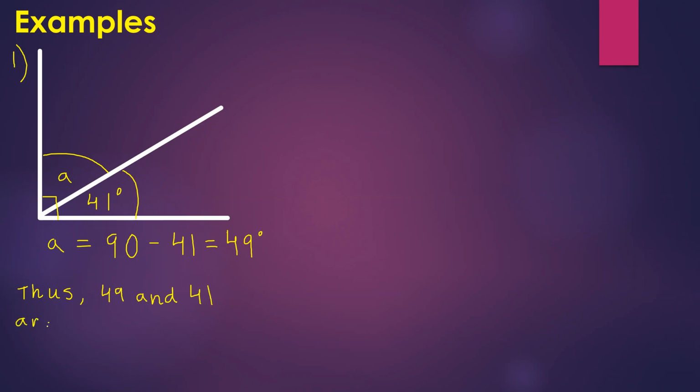Destiny, why are they complementary angles? As 49 and 41 equals 90 degrees. Very good. They are complementary angles. Gianna, why do we call them complementary angles?